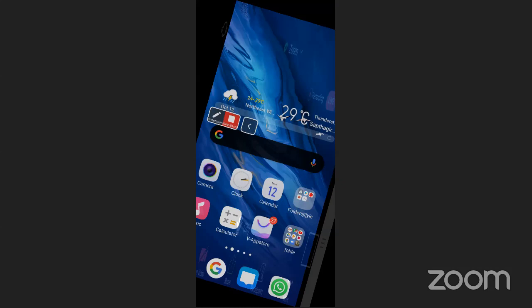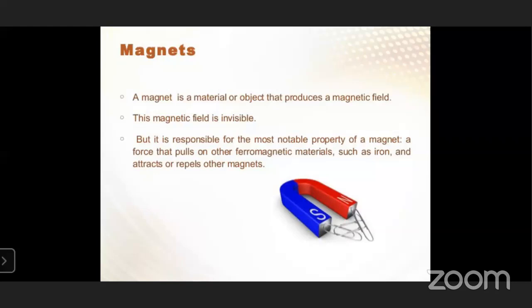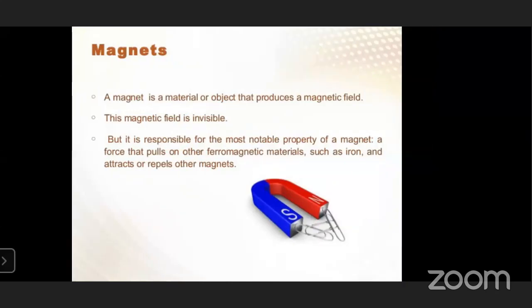I already told you to note down this point. Once again, I'll repeat this, children. What is a magnet? Because we are going on learning this lesson, importance of magnets, playing with magnets, you should definitely know the meaning of a magnet. If anybody asks, you have to answer.